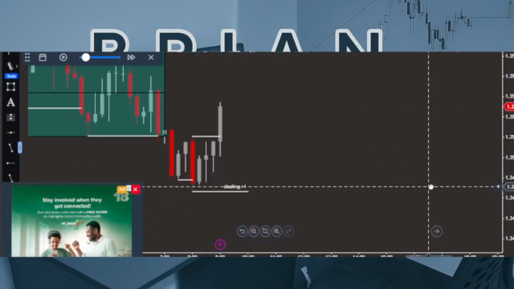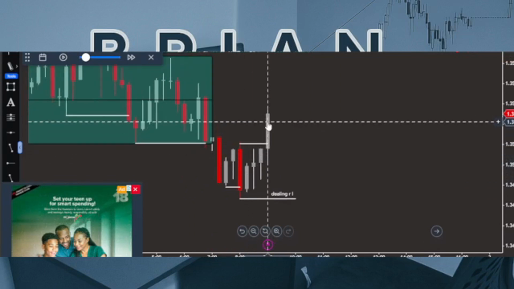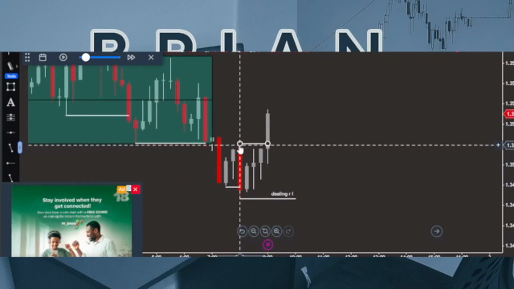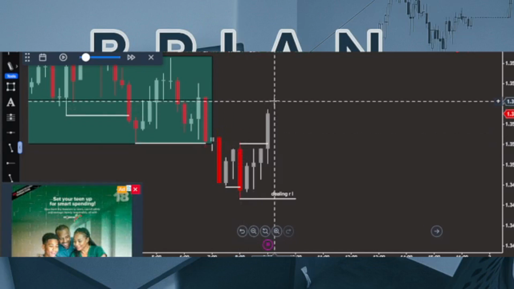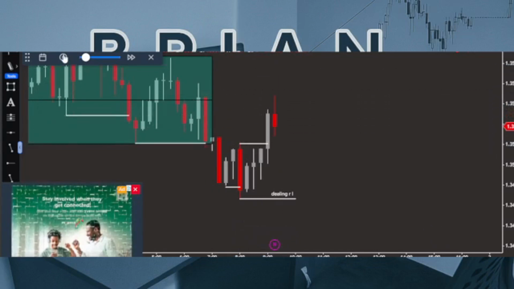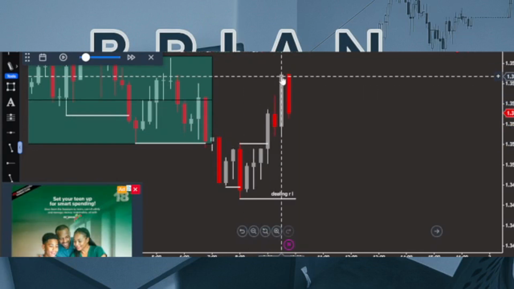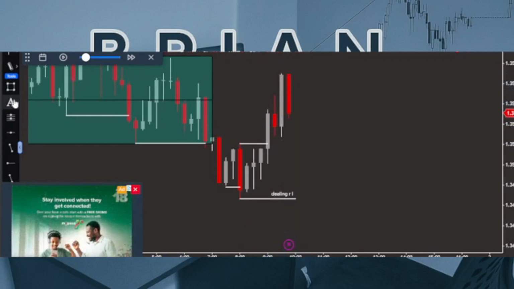Deal edge low. Then our deal edge high will be made after market has made the first swing. That is our deal edge high. This high here is our deal edge high.